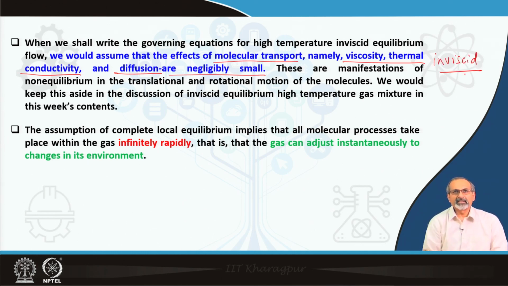These are the manifestations of non-equilibrium in translational and rotational motion of the molecules. We are not modeling non-equilibrium, and therefore, these are neglected. We would keep this aside in the discussion of inviscid equilibrium high temperature gas mixture in this week's content. Non-equilibrium effects will be taken up in the next week.